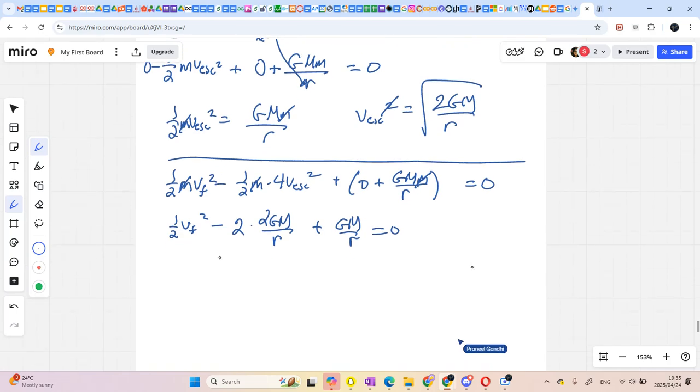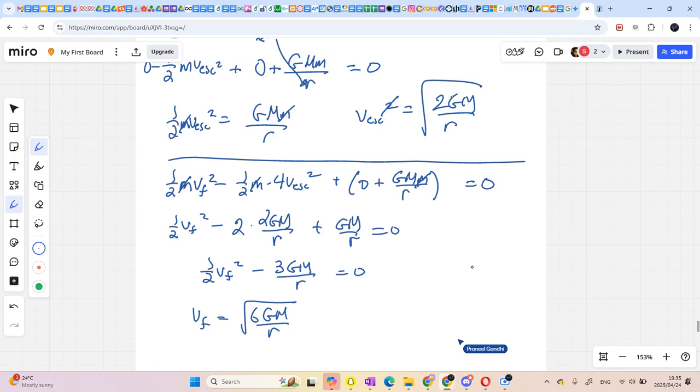Now we're going to do some simple algebra here. 1/2 v f squared minus 3GM over r is equal to 0. And then v final squared is equal to 6GM over r. And then we just take the square root of that.